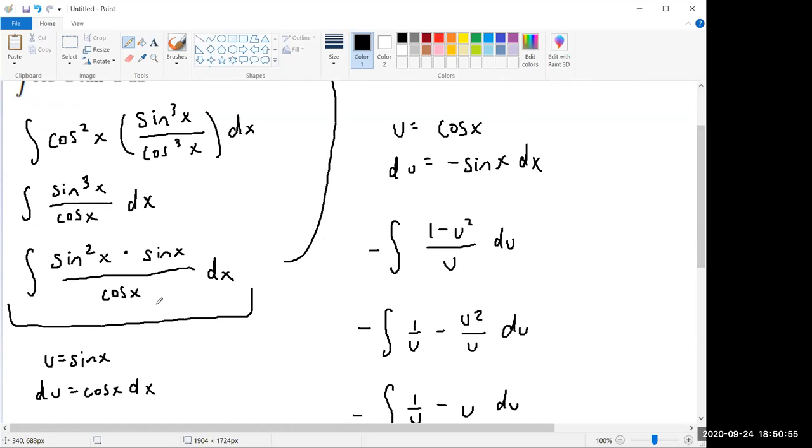Now, the reason why this was not good is because even though we have a cosine of x dx in our integral, the cosine of x is in the denominator. So because it's in the denominator, we don't have anything for du basically. That was the issue. Only if cosine of x was in the numerator could we have replaced it with du. But because it's down here, this substitution does not work. Okay, I see. Yeah, so we wouldn't get an answer at all. Okay, thank you so much.